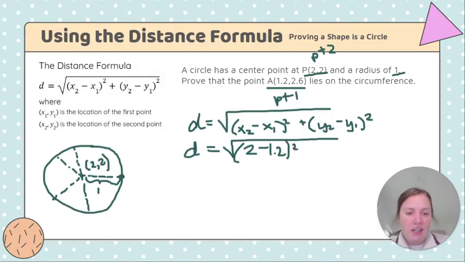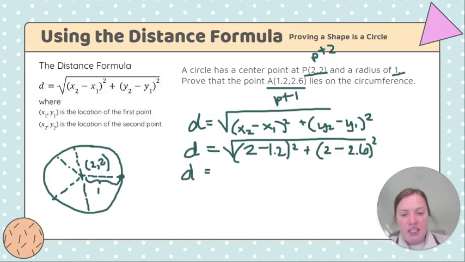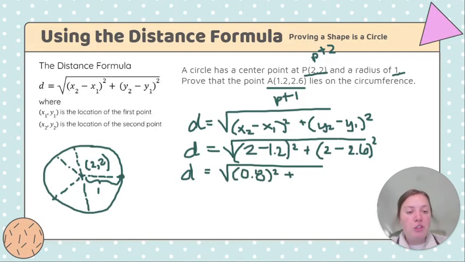Okay, and then our y2 value is also 2, and our y1 value is going to be 2.6. We still are working with these squared values here. Okay, we are going to take care of the inside of our parentheses by simplifying 2 minus 1.2, plug it into your calculator, and you're going to get 0.8. And then if we do 2 minus 2.6 in our calculator, we're going to get negative 0.6.